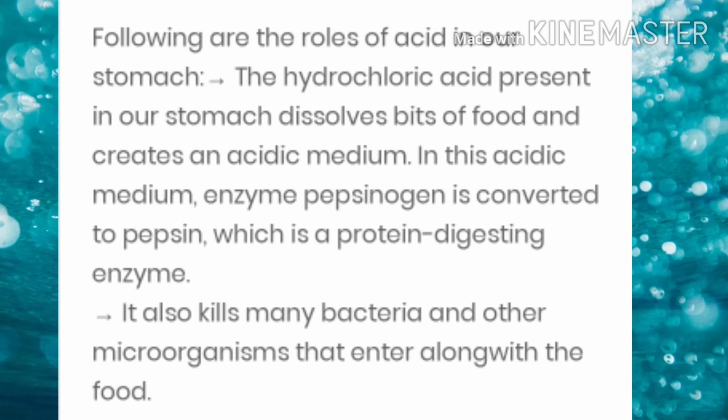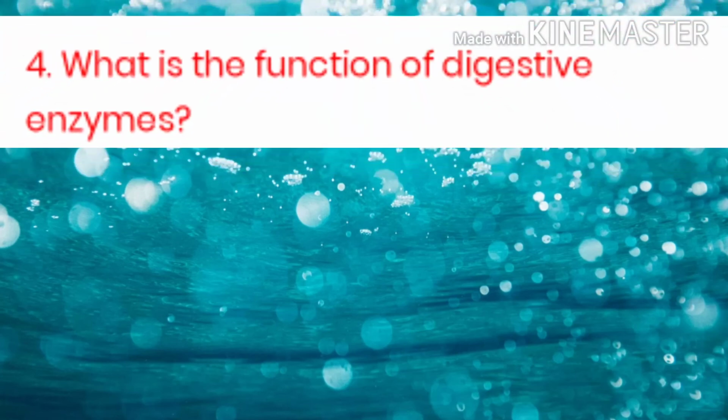So it helps in converting the pepsinogen into pepsin for protein digestion. And another role of acid in our stomach is that it kills many bacteria and other microorganisms that enter along with the food. Next question. What is the function of digestive enzymes?